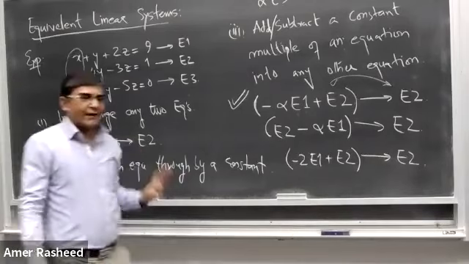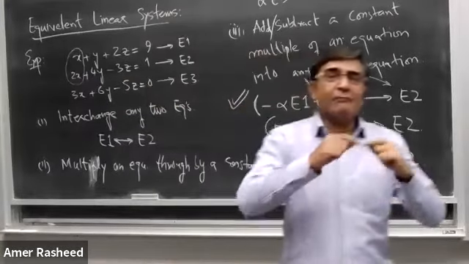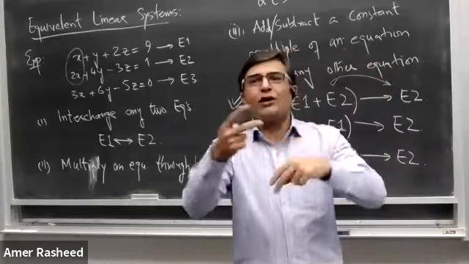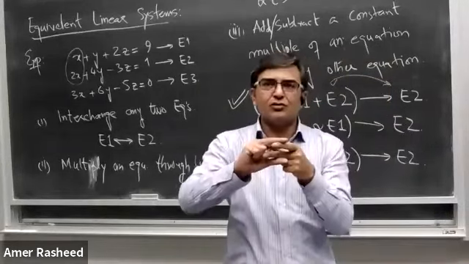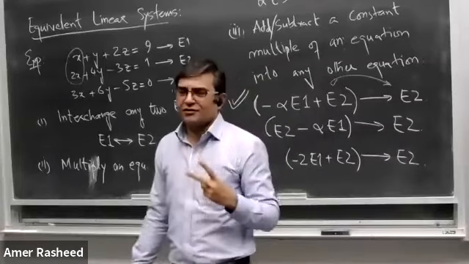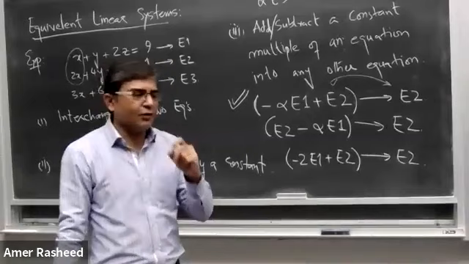Sir, I'm saying that instead of using the third rule of equivalent linear systems, I'm talking about the second rule of multiplying an equation by a constant. I'm multiplying the second equation by 1/2, which will make it x. Okay, you can do it. But the next time, you can subtract equation 1 from equation 2 in order to eliminate the x. You would definitely need 2 operations in order to eliminate x from the second equation.